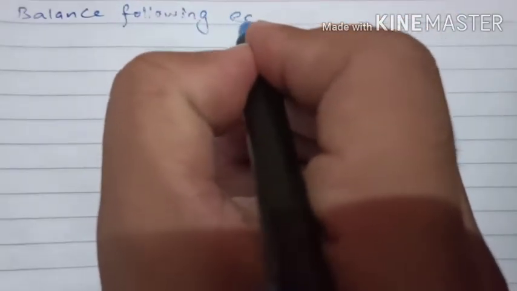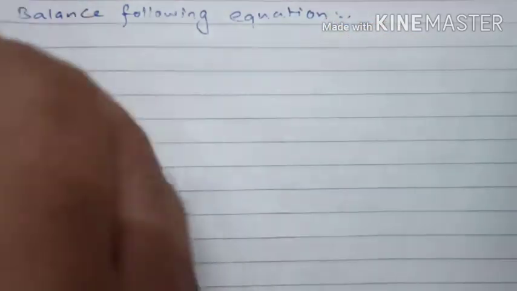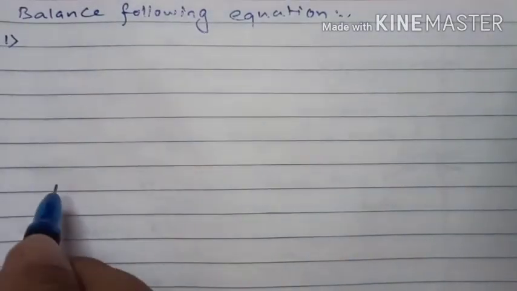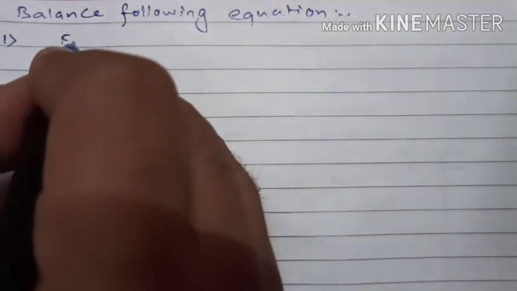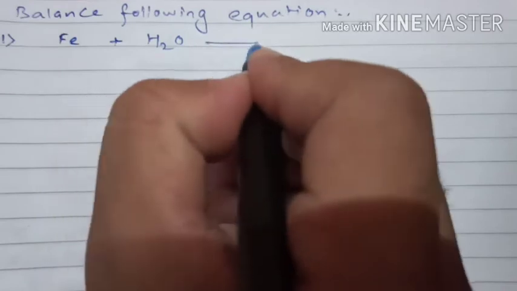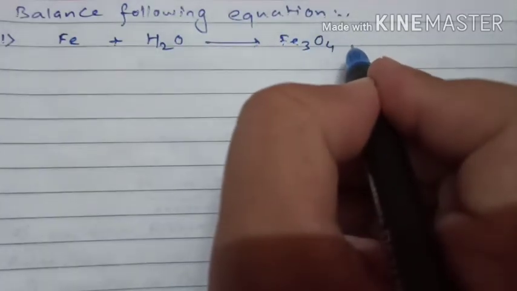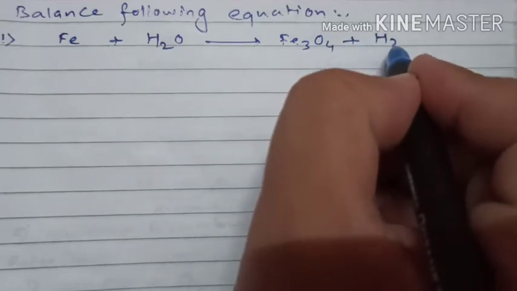Now we have to balance the following equation. The equation is given and you have to balance it. Fe plus H2O give rise to Fe3O4 plus H2.